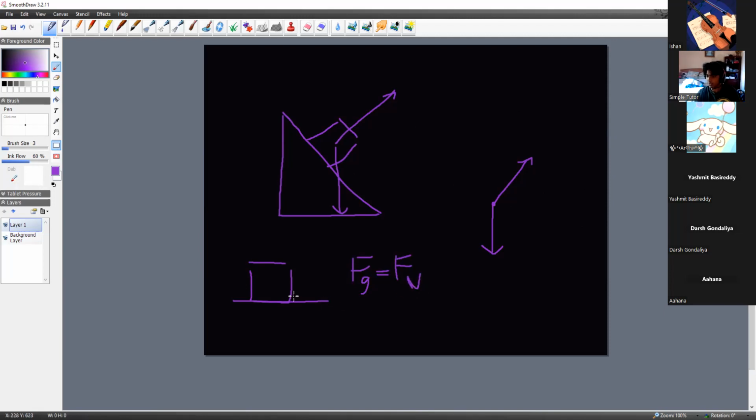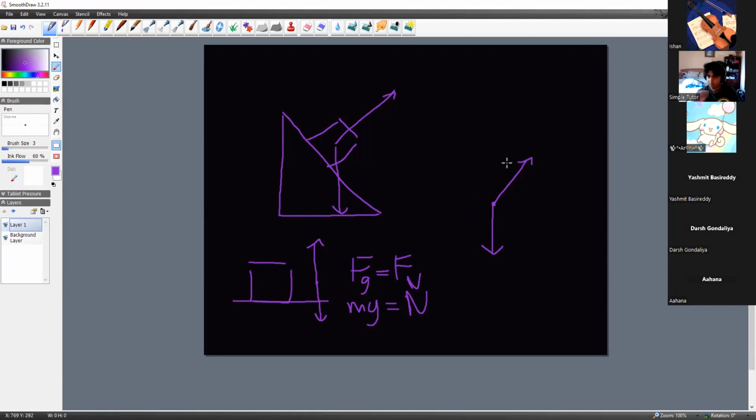Because the box is not moving and both forces act in the exact same plane, right? So another way, of course, you can write this as mg equals N. But now we have a much different scenario because we can't equate something that's pointing directly down with something that's pointed at a little bit of an angle, right? This force is a little bit of an angle.